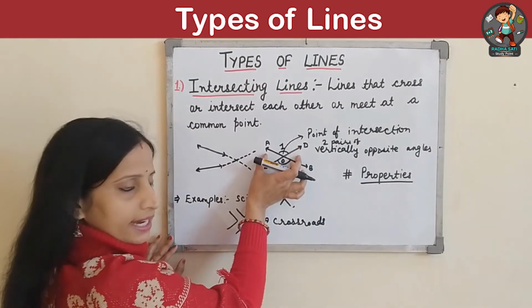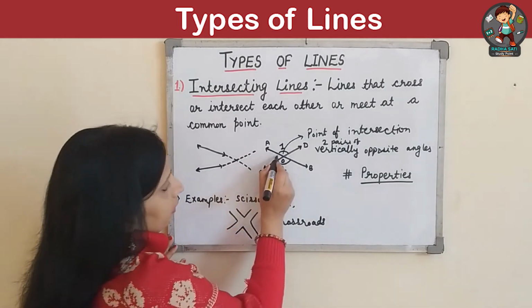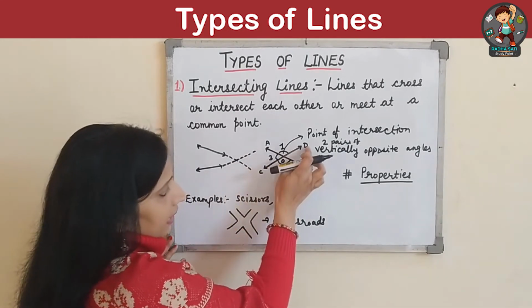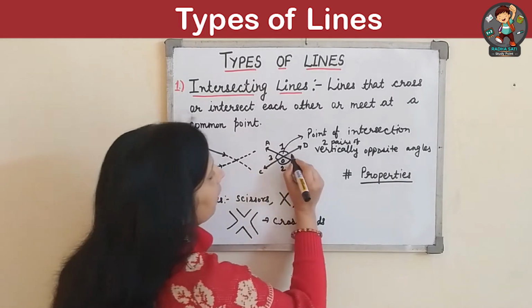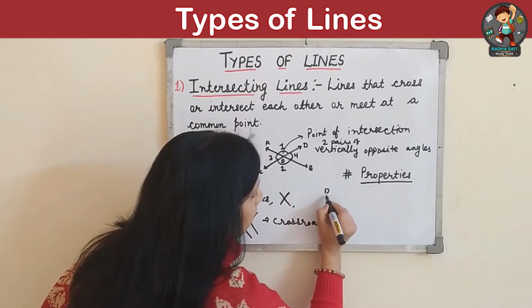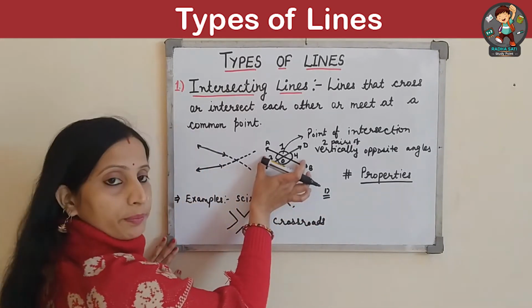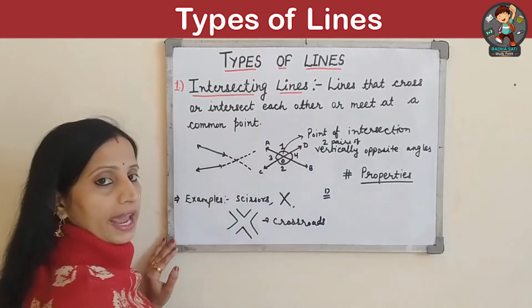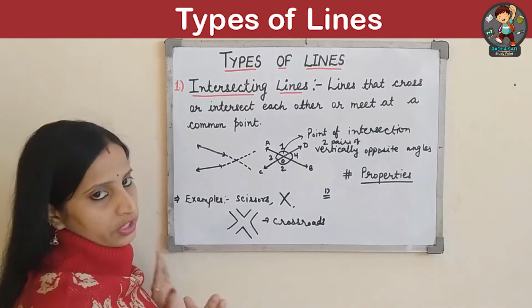Now we will talk about the second pair. AOC, name it angle 3, and angle DOB, name it angle 4. Now, as per the property, the pairs of vertically opposite angles will be equal to each other.